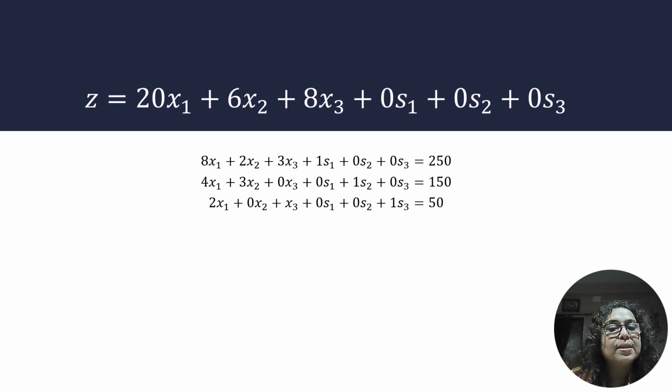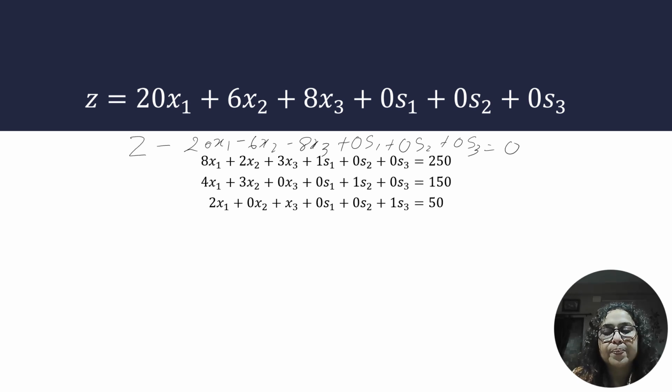So say this is Z, and we can write this in the form Z minus 20x1 minus 6x2 minus 8x3, and since this is 0, we can simply write plus 0s1 plus 0s2 plus 0s3 is equal to 0.